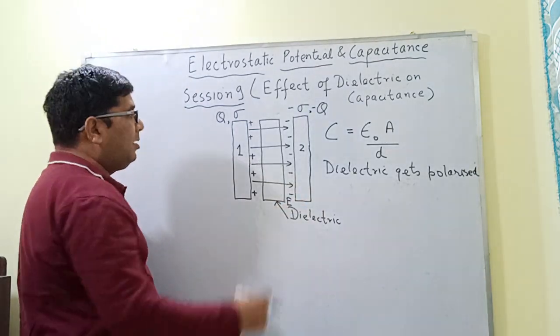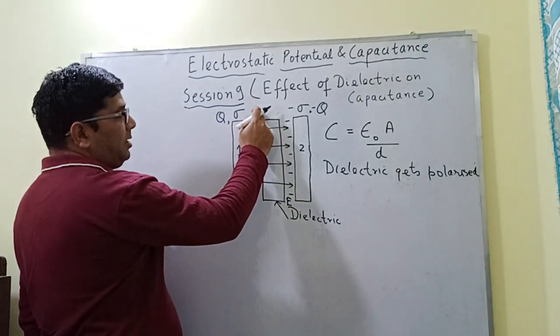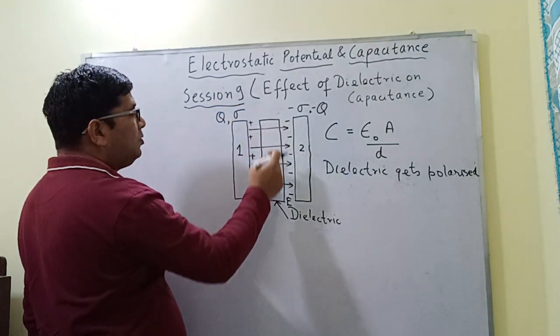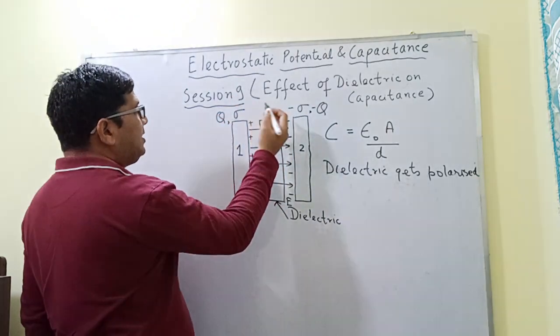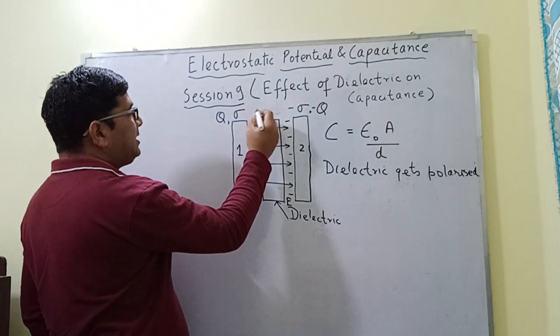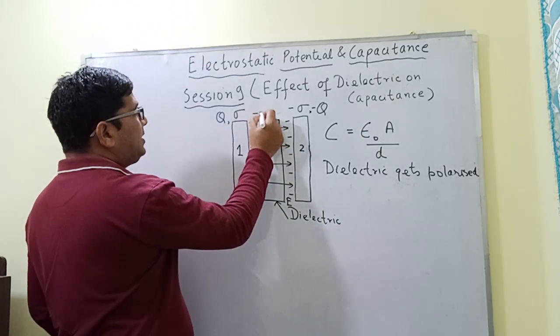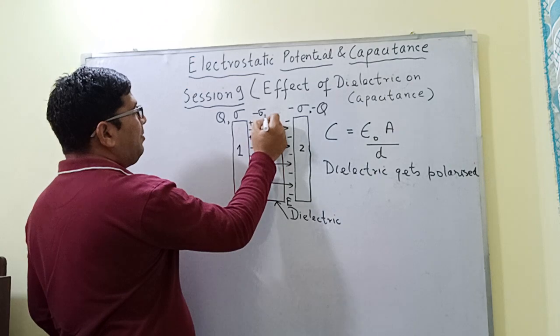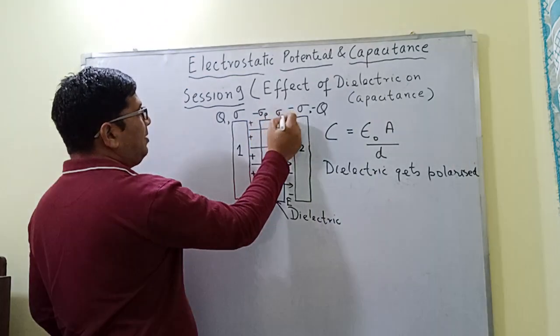Because of this polarization, we can assume this dielectric is equivalent to two charged sheets having surface charge densities minus sigma p and sigma p.